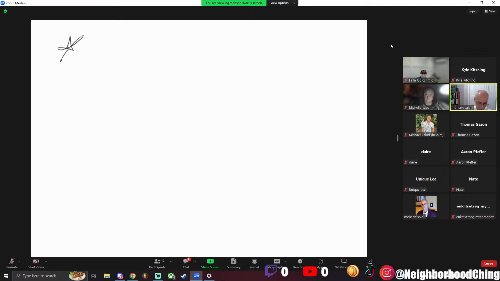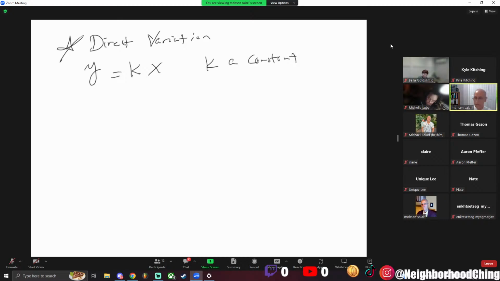So, if you have direct variation, then you have y, or one factor, equals k times x, where k is a constant. If you have inverse variation, then you have y equals k over x.